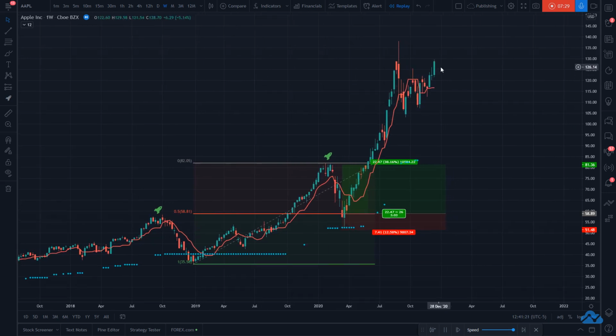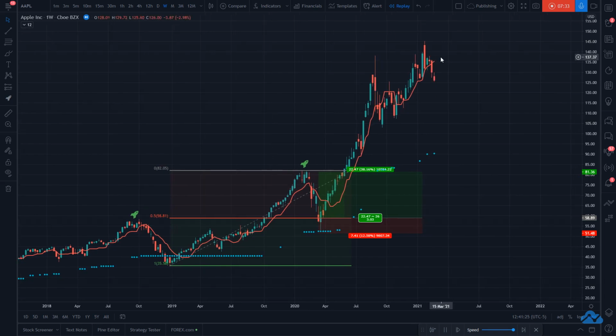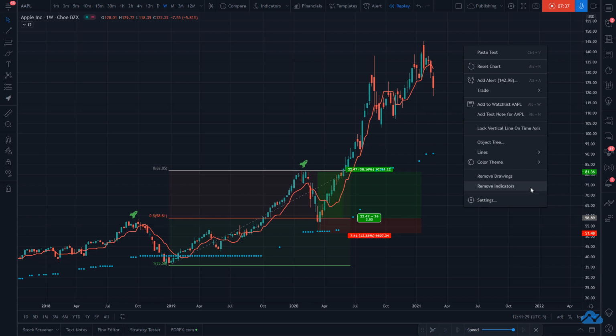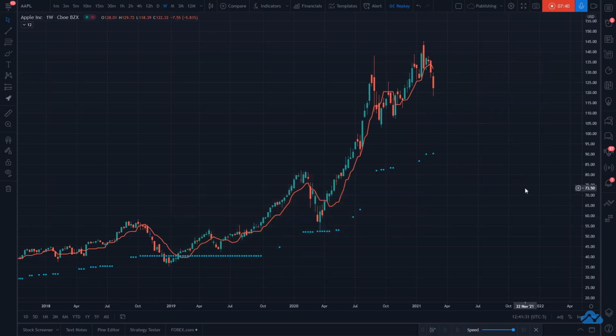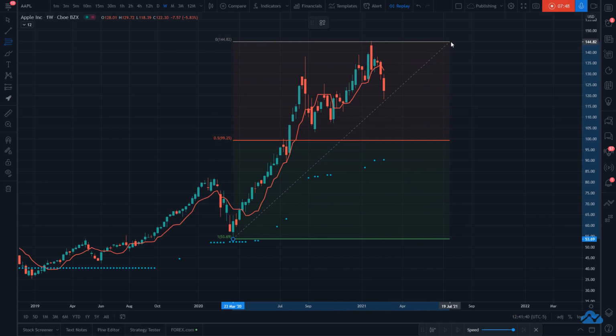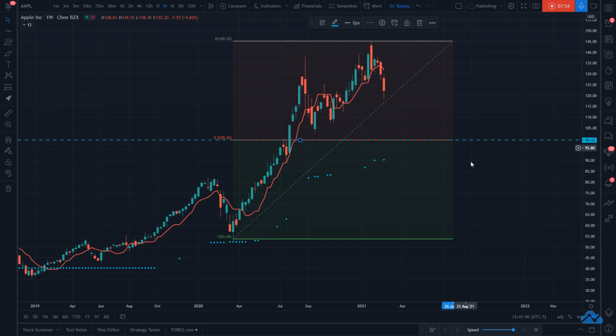So as we get closer and closer to the present here, the question is, if this is the high, which it is, the all-time high of Apple, where then would we be looking for a pullback on Apple? Well, let's draw it. Our pullback level for a long-term play would be at 99.40.